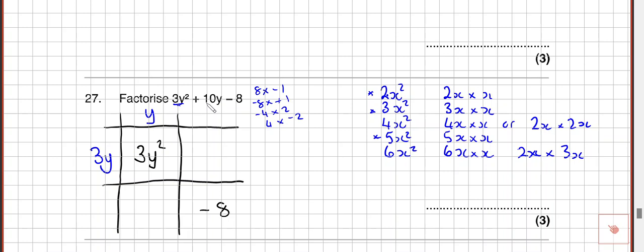We may get it wrong first time. Like I said, with experience, you'll be like, I know which one it is straight away. -4 times 2. That's the one I would pick. I'm not saying it's right, but it's the one I would pick.